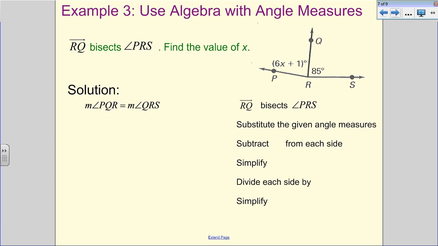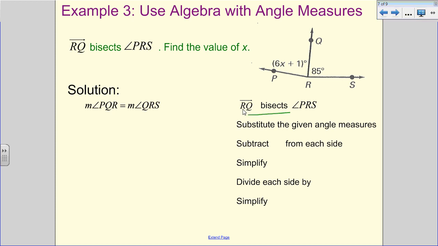All right, now what we're going to do, ladies and gentlemen, is use some algebra there. So I know RQ bisects PRS, find the value of x.